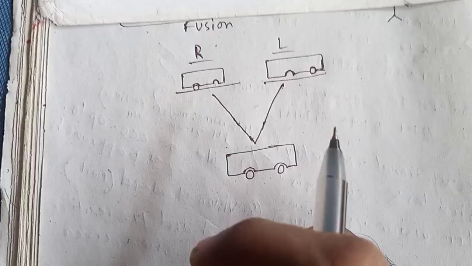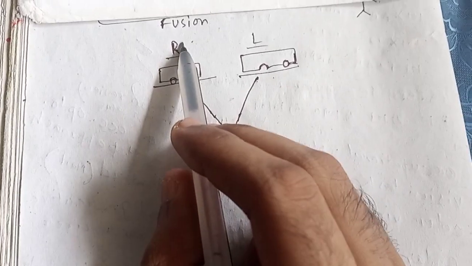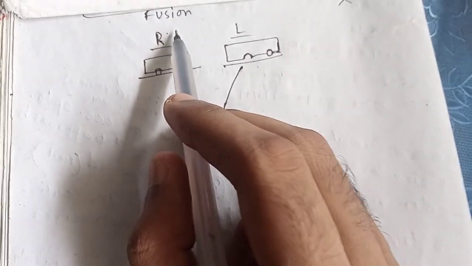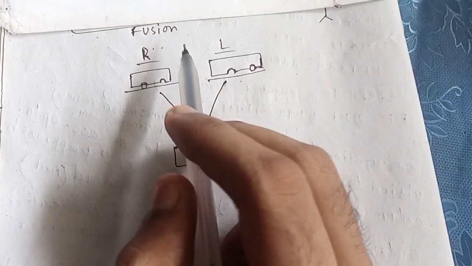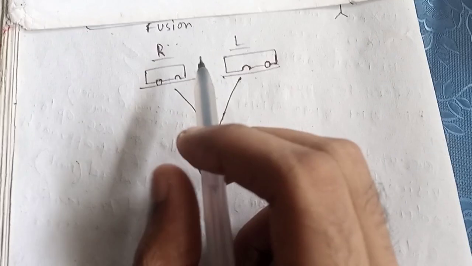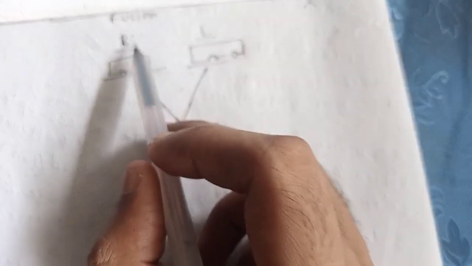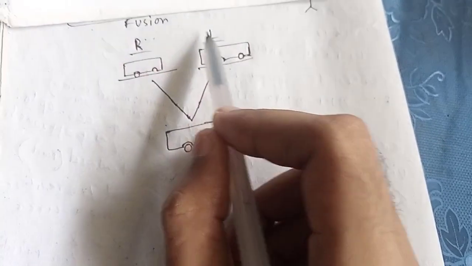Now the second component of binocular vision is fusion. In simple words, fusion is the superimposition of two different images. We have just learned simultaneous macular perception. Let's suppose one individual is present, and this is the right eye and this is the left eye.